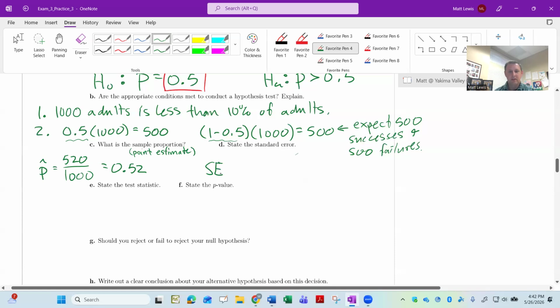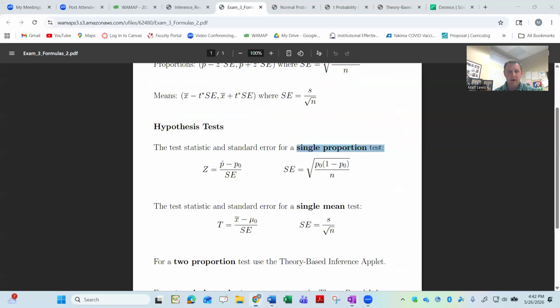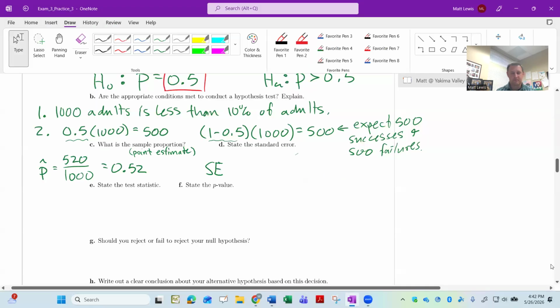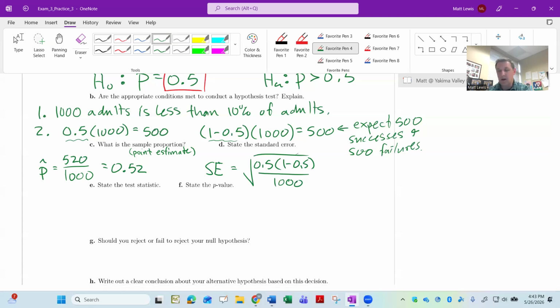Again, we can look that up. You don't have to memorize it. It's my null value times 1 minus my null value divided by my sample size. Then I'm going to take the square root of all that, right? Null value times 1 minus my null value divided by 1,000, right?